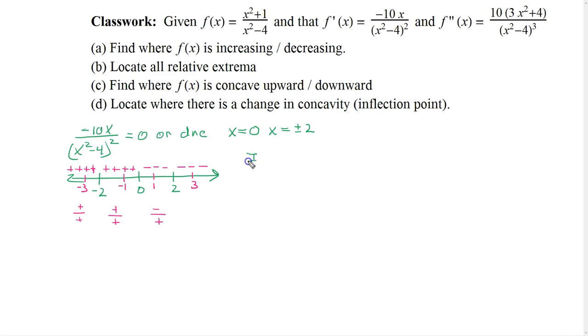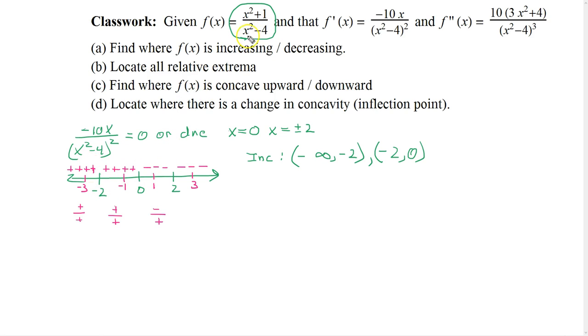The function is increasing from negative infinity to negative 2, and from negative 2 to 0. Notice I didn't write this as negative infinity to 0, because this function has a vertical asymptote at negative 2.